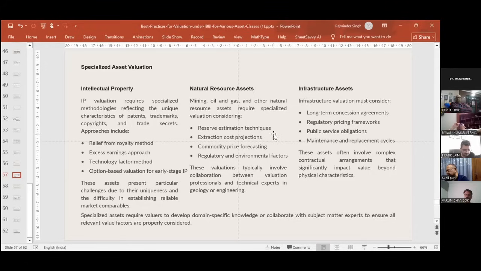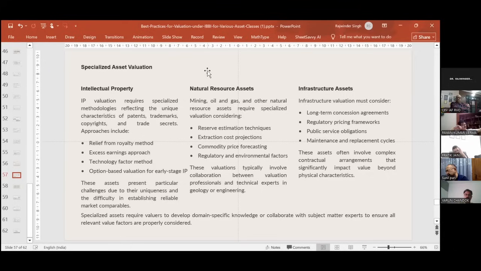So the third thing is infrastructure assets. Infrastructure valuation must consider long-term concession agreements, regulatory pricing frameworks, public service obligations, and maintenance and replacement cycles.